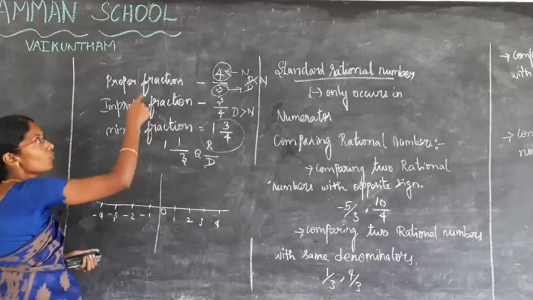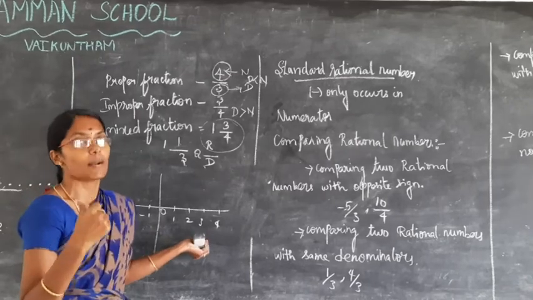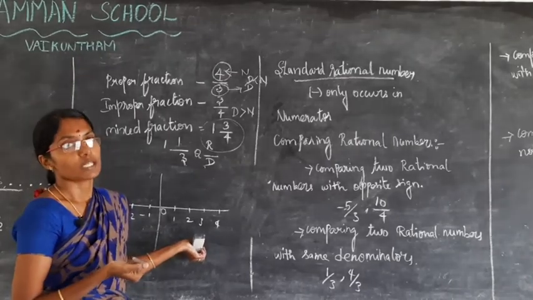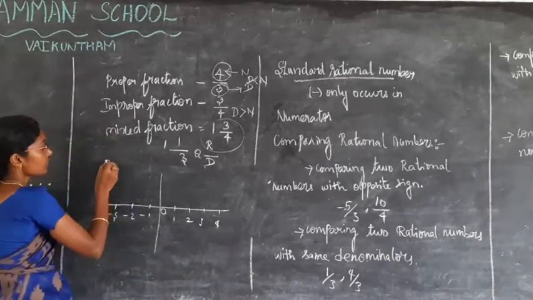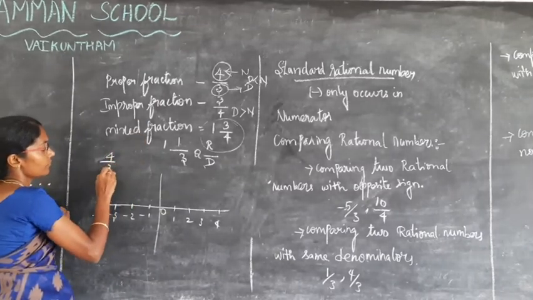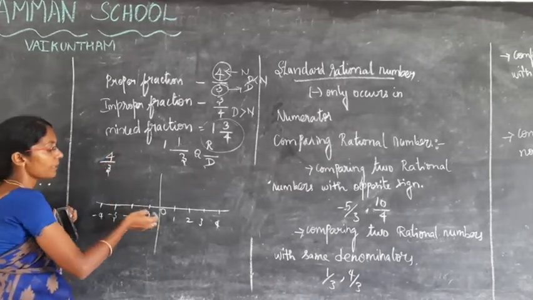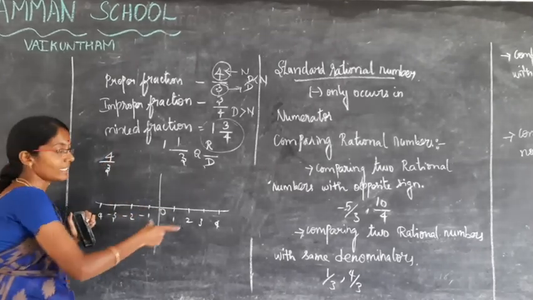Okay, so you want to mention these fractions, that is rational numbers, on your number line. So how will you represent them? For example, you can take the proper fraction 4 by 3. Okay, you know this 4 by 3 occurs only between 0 and 1, that is on the positive side.